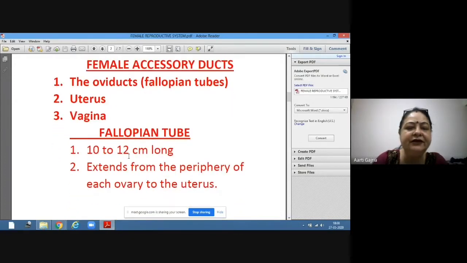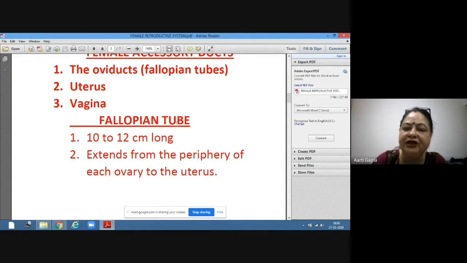Now, if we see the structure of the fallopian tube, each fallopian tube is 10 to 12 centimeter long. It extends from the periphery of each ovary to the uterus. That means this fallopian tube is connecting the ovary to the uterus.